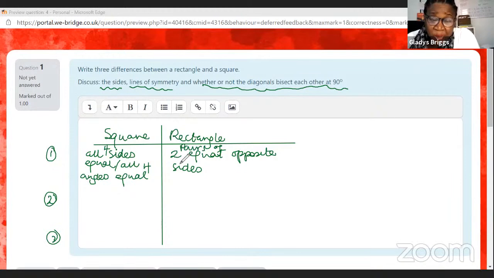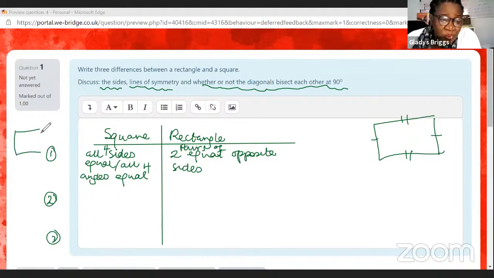So you want to talk about that. You want to make me understand that you know about squares and rectangles very well. On a rectangle, 2 pairs of equal opposite sides, so this one and this one. I don't mind if you want to sketch them, that's fine. On a square, you have all sides equal.